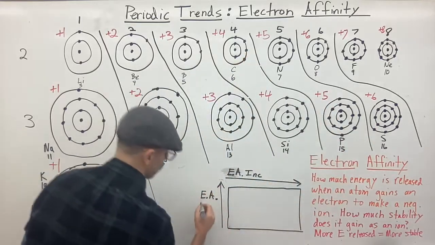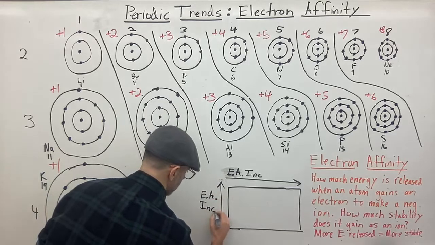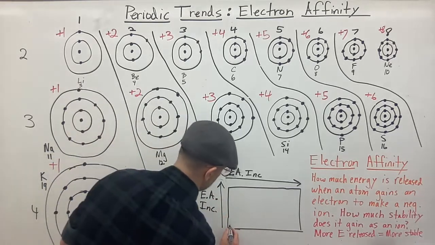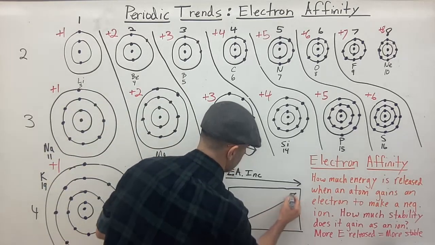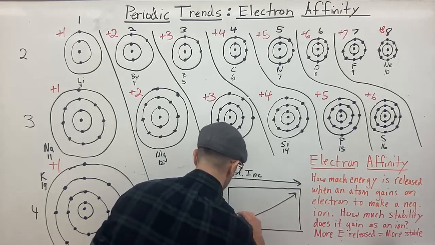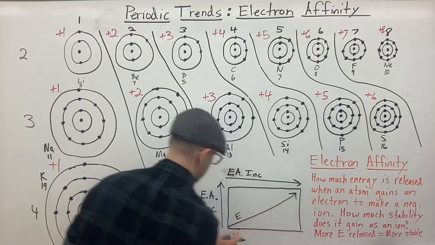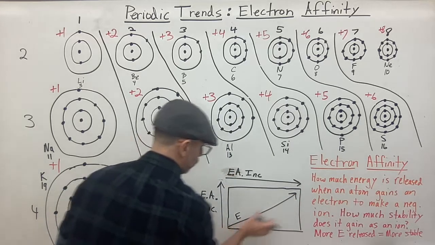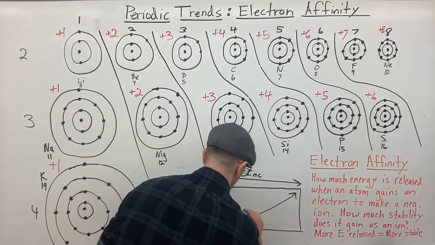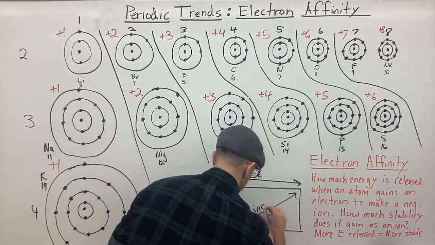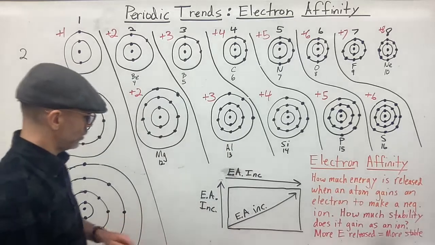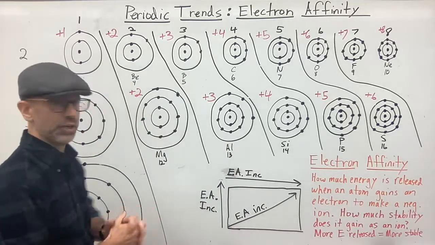So going up a group, you would expect it to increase as well. So the general trend of electron affinity is increasing from the bottom left corner to the top right corner. And there's your trend of electron affinity.